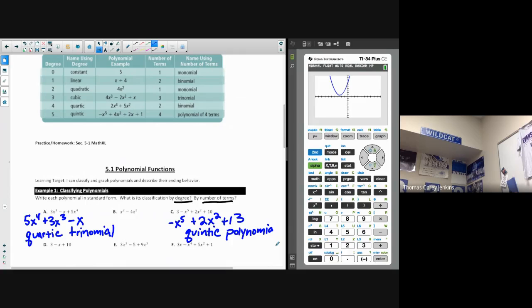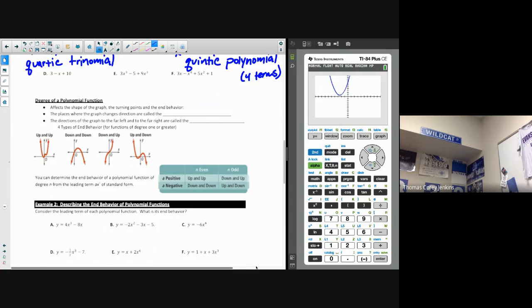In other words, I don't know why binomial is in there twice, but once you get past 3 terms, there is no special word for how many terms there are. All right, so I'm leaving B, D, E, and F for you. I'll probably ask you about one of those on the Ed Puzzle video.